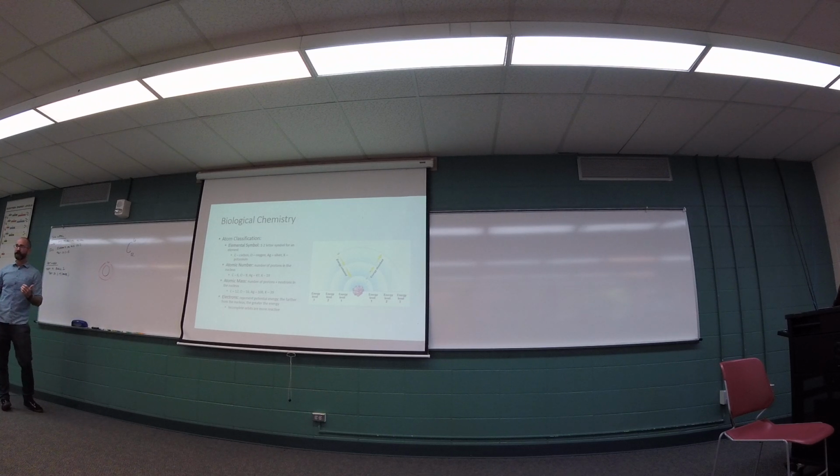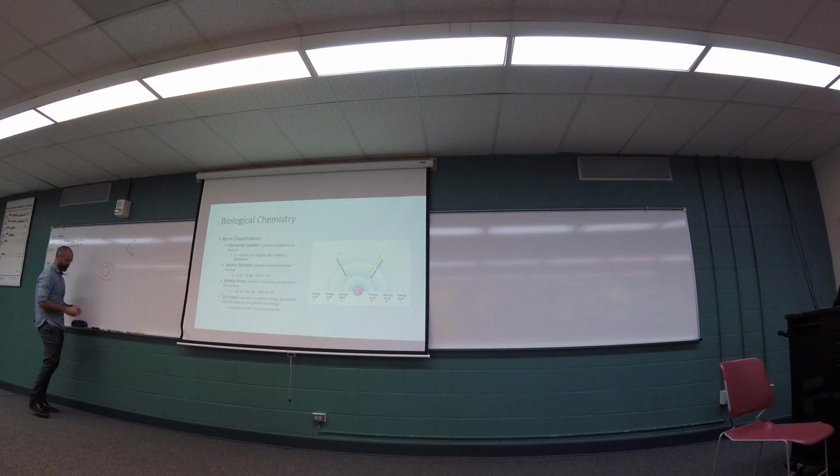In the next orbit, we can have up to 8 electrons. So the next orbit would have up to 8 electrons. Likewise, the third orbit can hold up to 8 electrons. Like so.